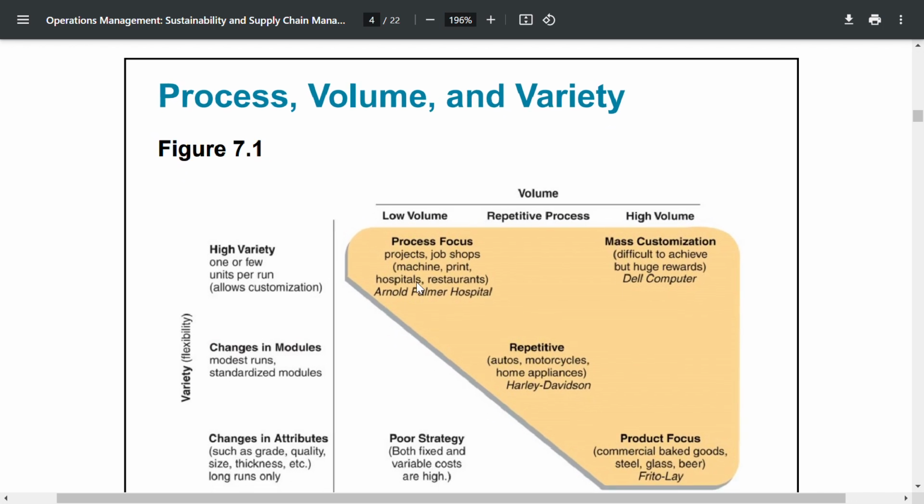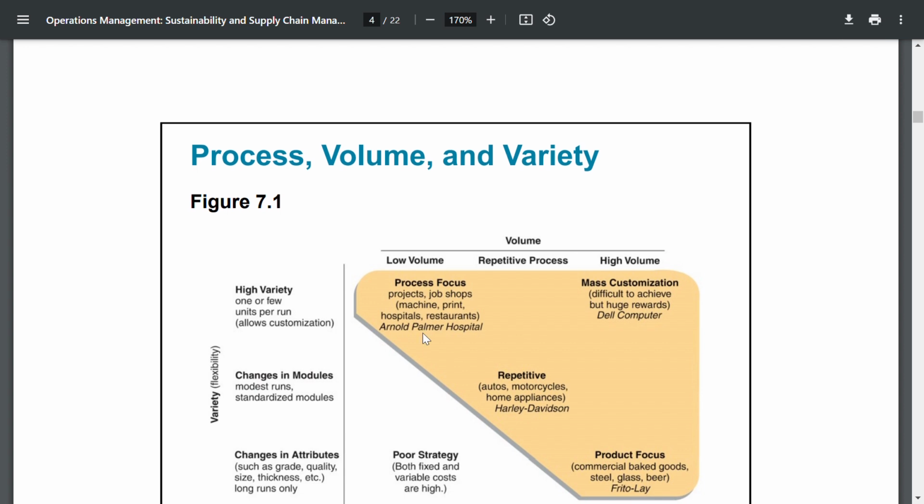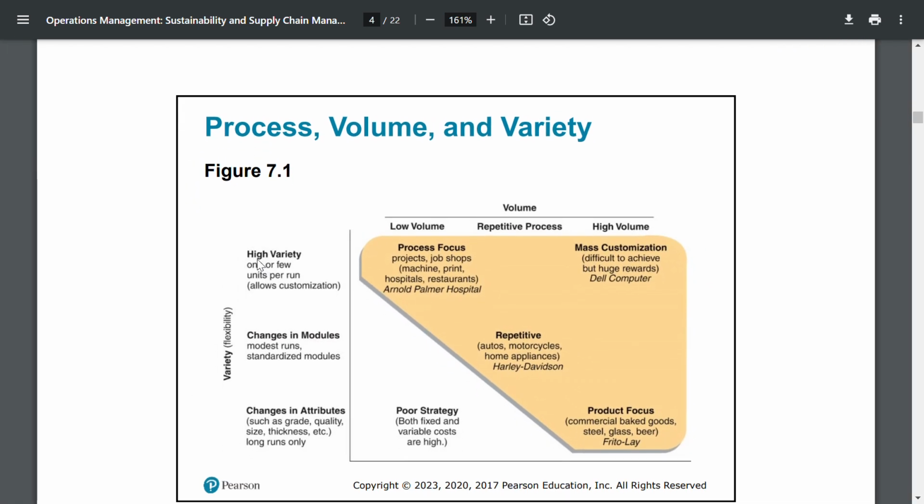Now we're gonna go on each and every process strategy. So first, our first process strategy is process focus. What is process focus? Process focus is basically a high variety strategy. So we're gonna produce one or few units per run in our factory. A factory will have some runs, and each run we're gonna produce just one or few units.